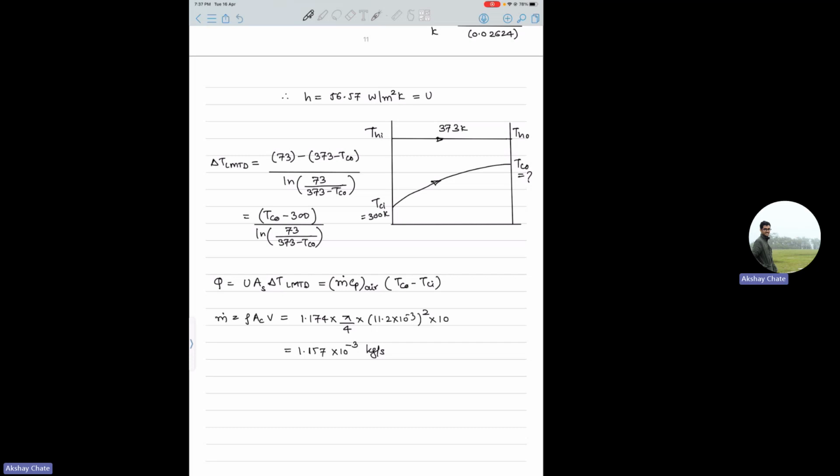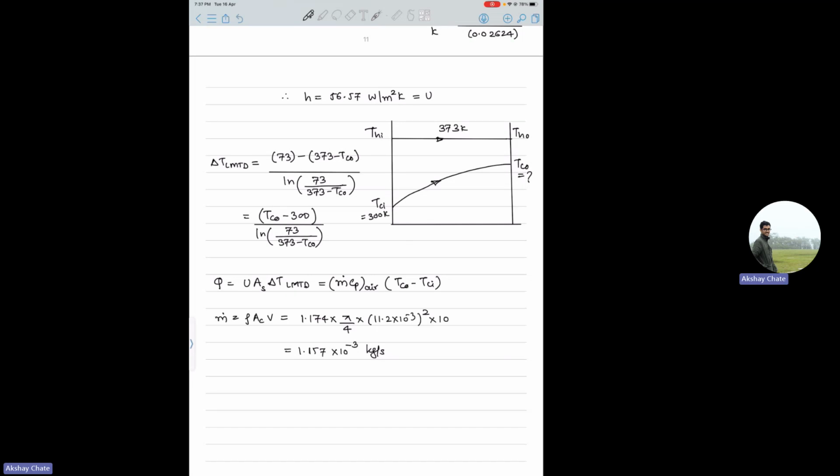Now that is your area. It looks fine, but one second, I'll just check. 1.174 into pi into 10 into 11.2 square into 10 to the power minus 6 divided by 4.